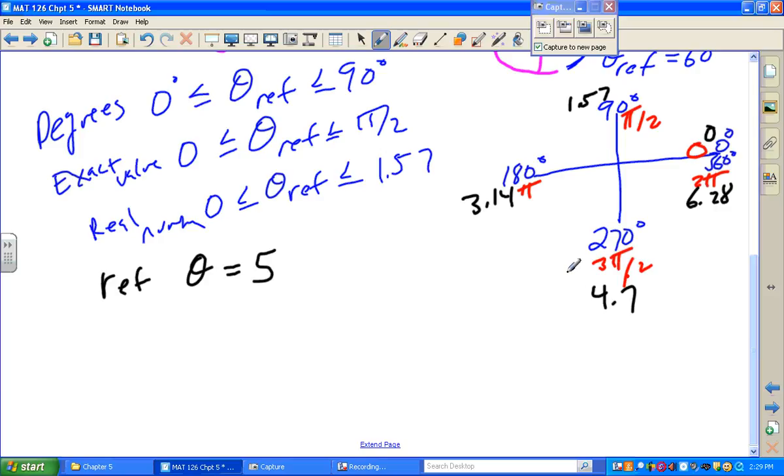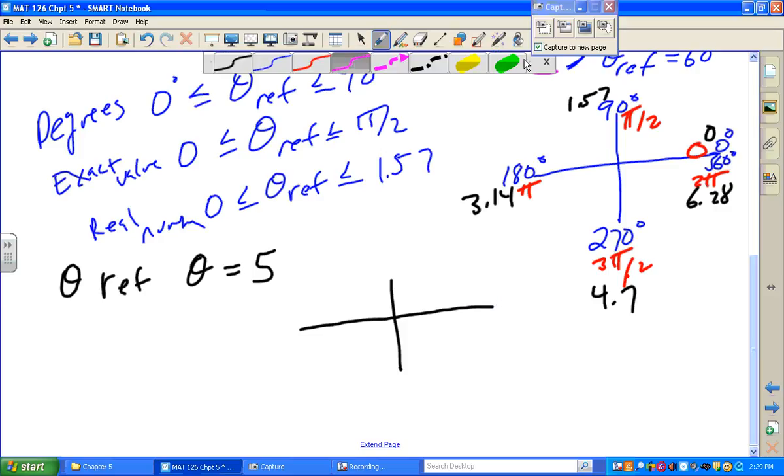It's not 5 degrees. Pi is already in there. This is one of those real numbers. Your answer is going to be between 0 and 1.57. We said you always draw it to the x-axis. The problem is, which quadrant does 5 terminate in? The 4th.